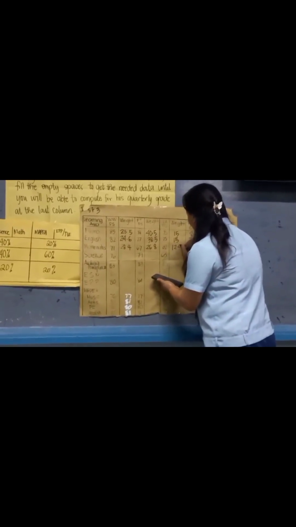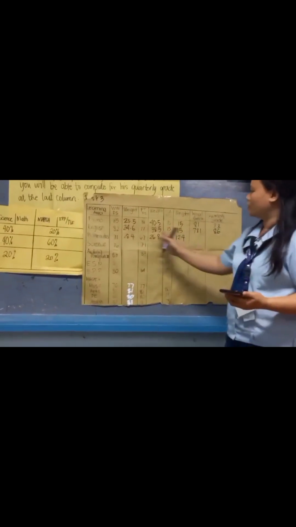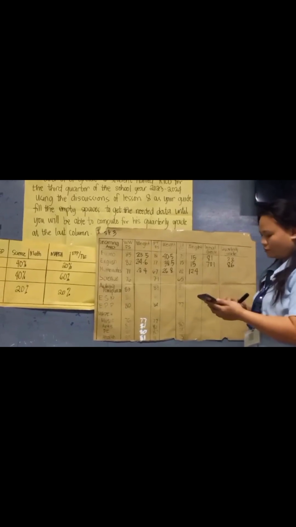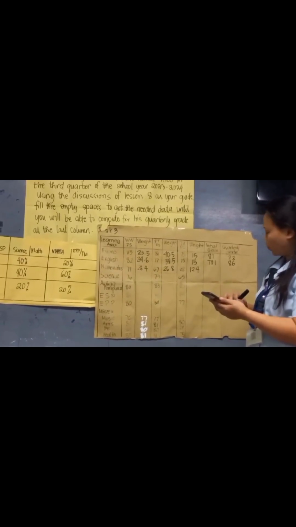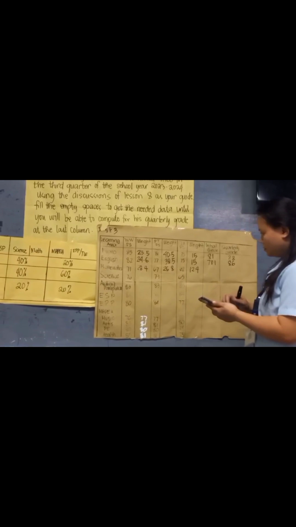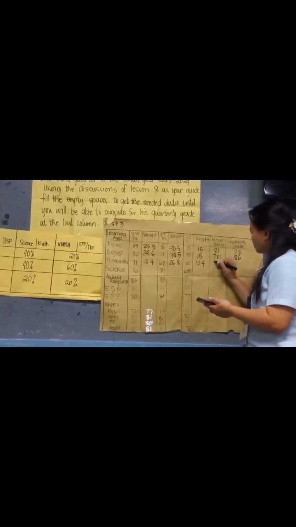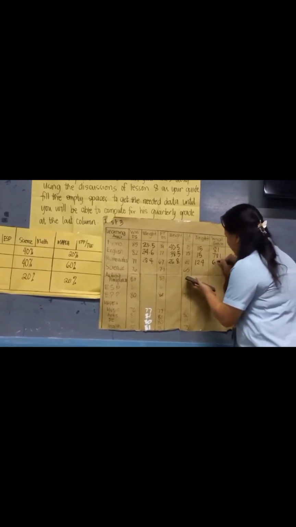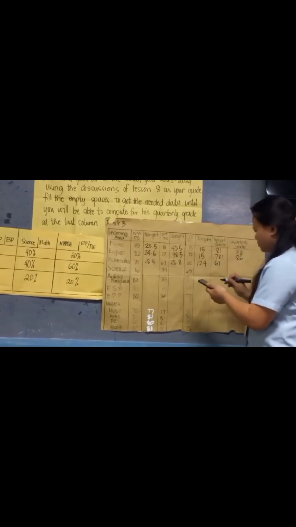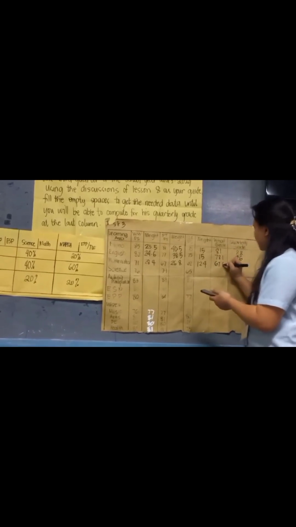The value is 12.5. So we're going to add it all up for the weighted score. It's 28.4 plus 26.8 plus 12.4 is equal to 58.4 plus 26.8 is equal to 67.6.